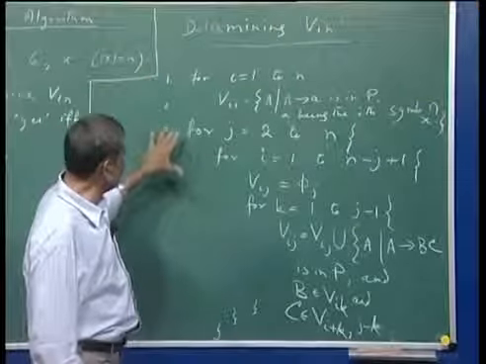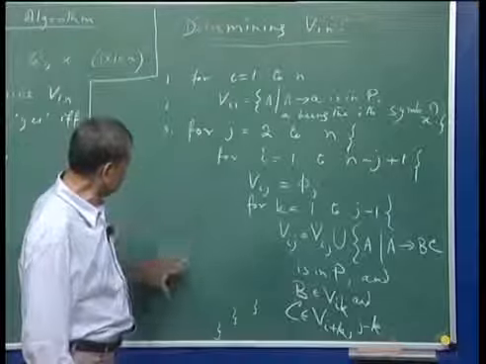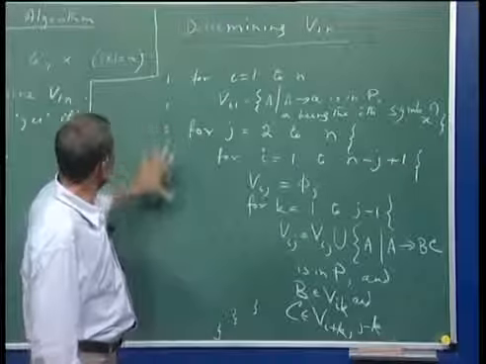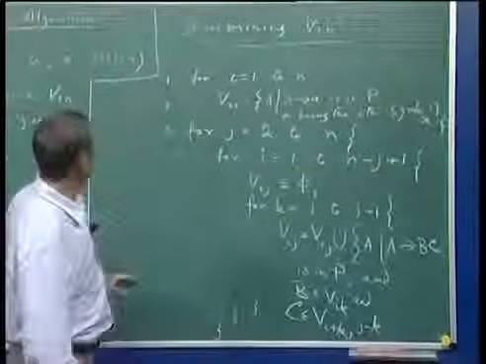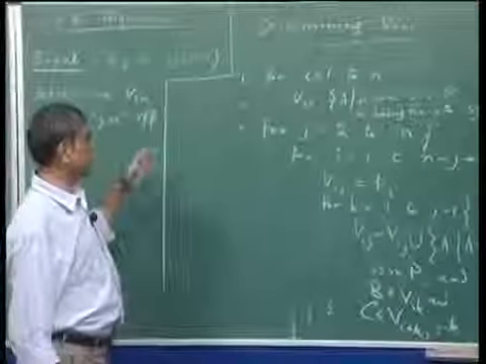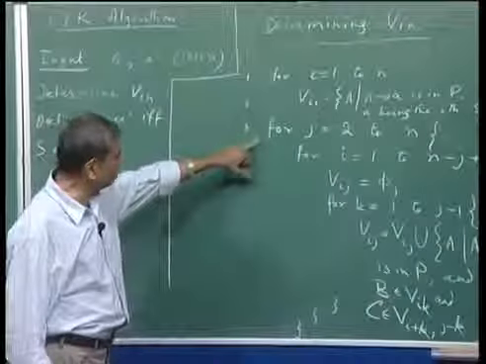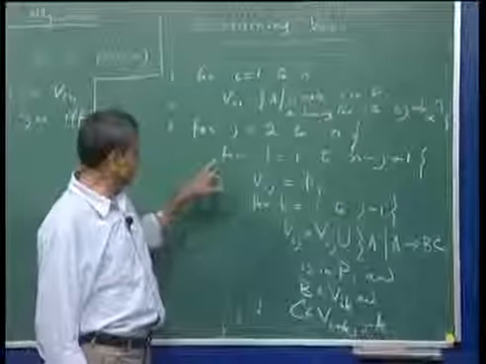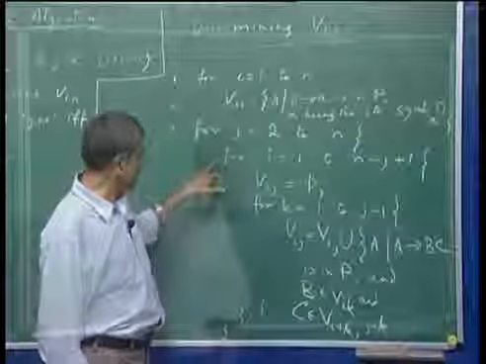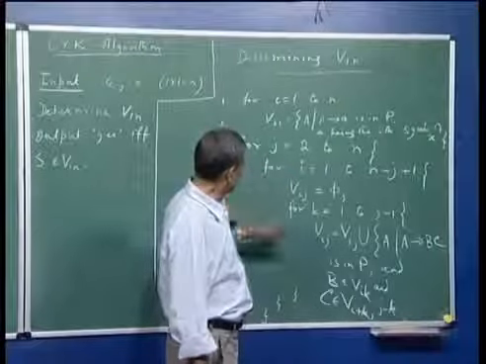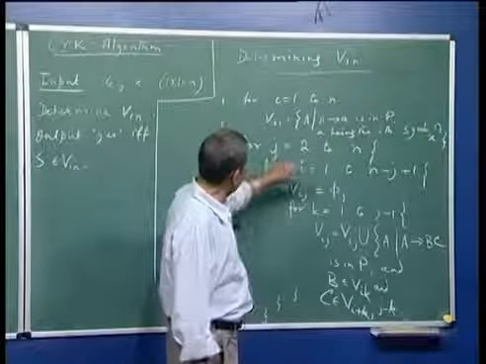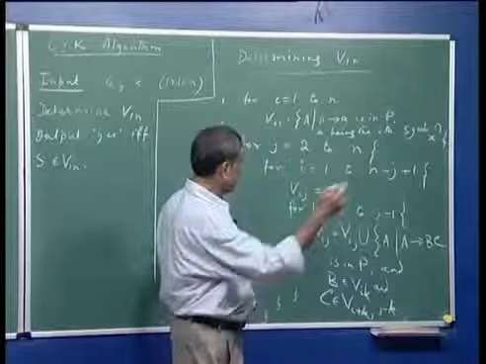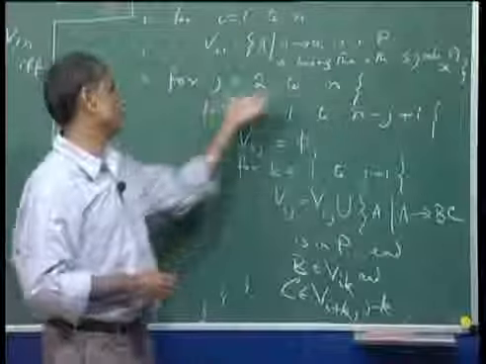what will be the determining factor for the time complexity of this algorithm is essentially this for loop, but this for loop has within it two other for loops. You see, this for loop, this range is of the order n.